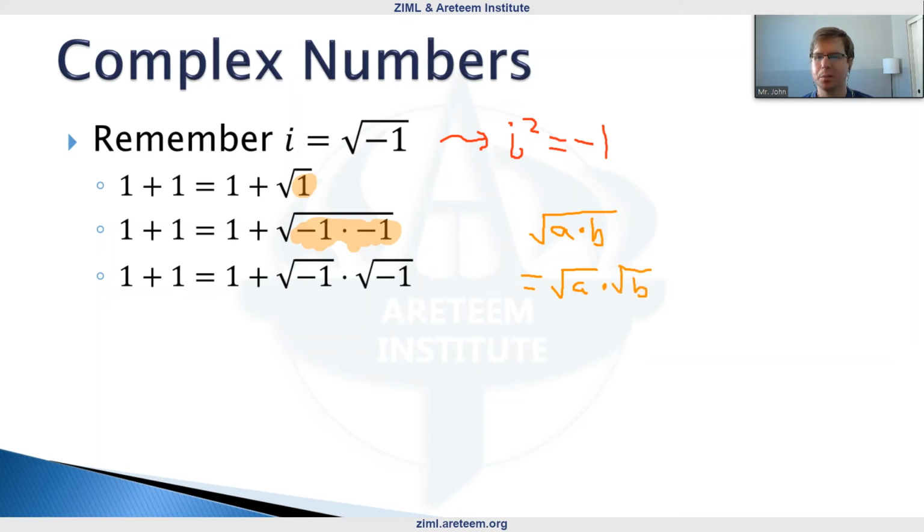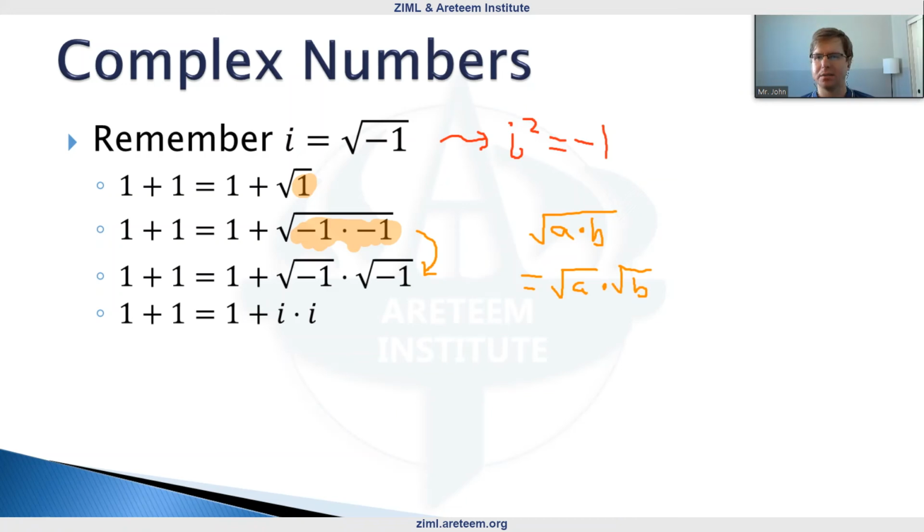That's the property we're using when we rewrite this: 1 plus 1 equals 1 plus the square root of negative 1 times the square root of negative 1. Well, don't we have a name for that? Sure, that is just i. So why not replace these with i?